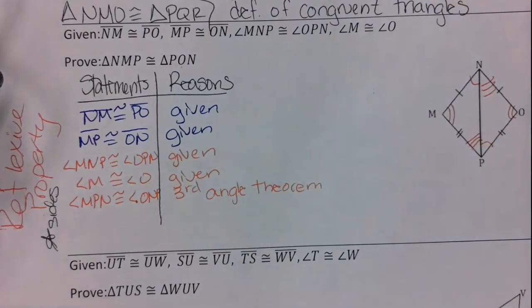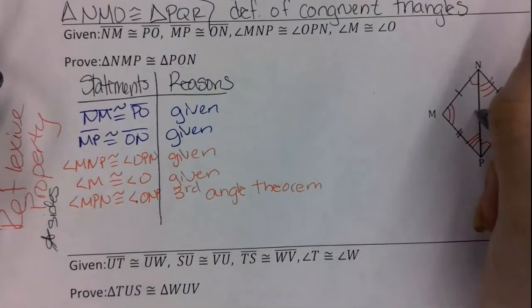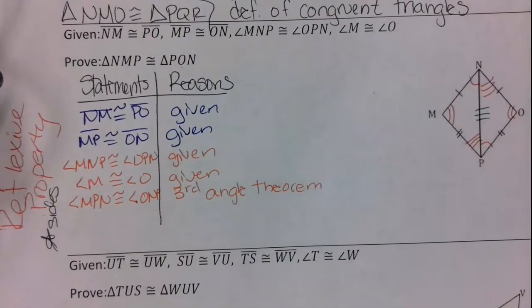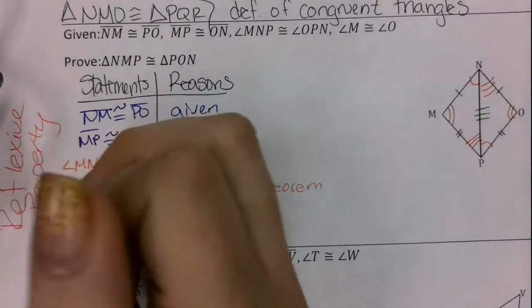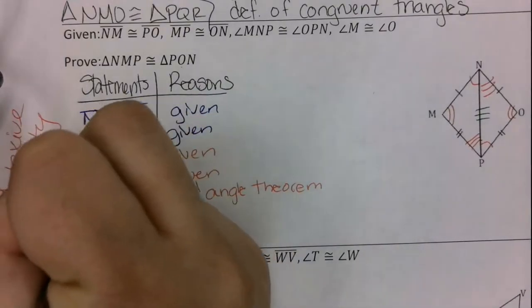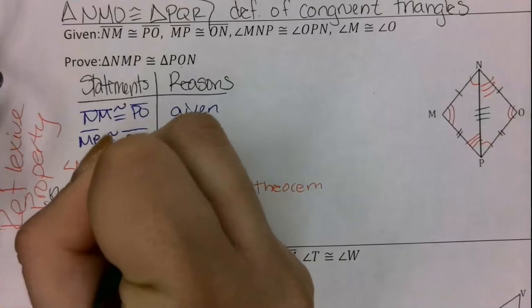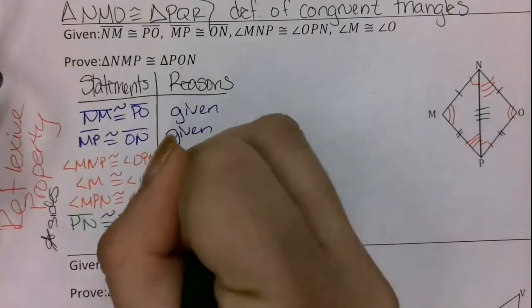Okay. Then I'm just missing my third side. This side has to be congruent to itself because it is itself. So I'm going to say PN is congruent to NP, and this one is by the reflexive property.